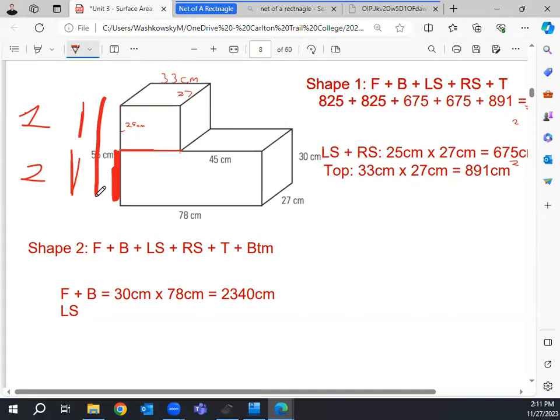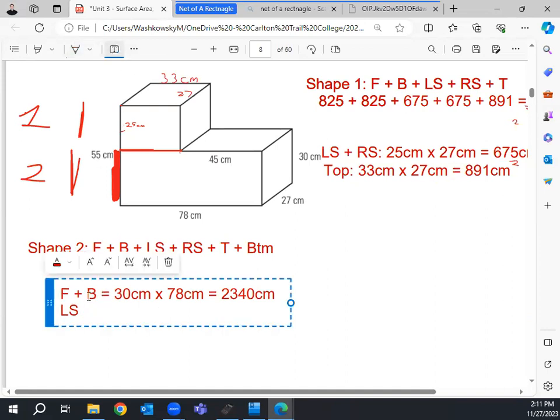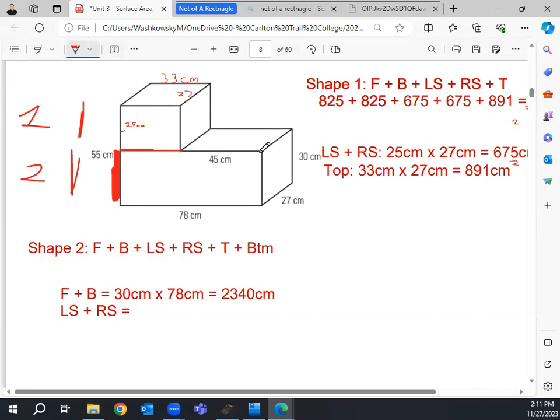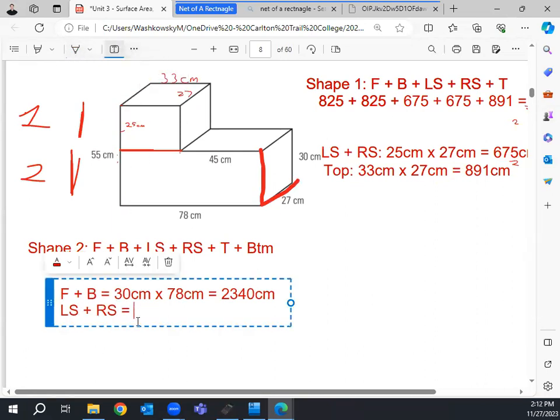I'm not adding all of this up again. We don't want to add up the same surface area twice. So in this case, it will be the same. It will be the left side and the right side. So what 2 numbers are my times in there? 27 and 30. Times 30 centimeters equals 810 centimeters.